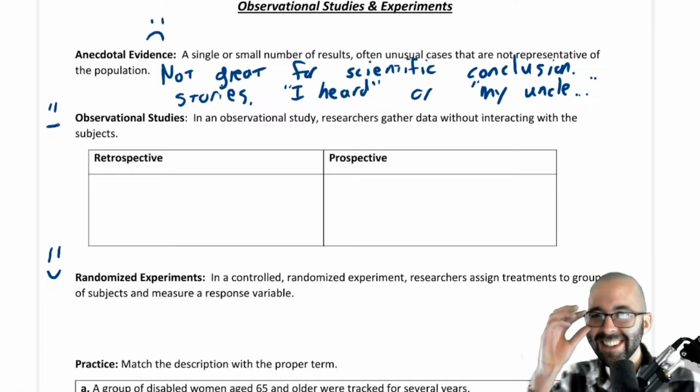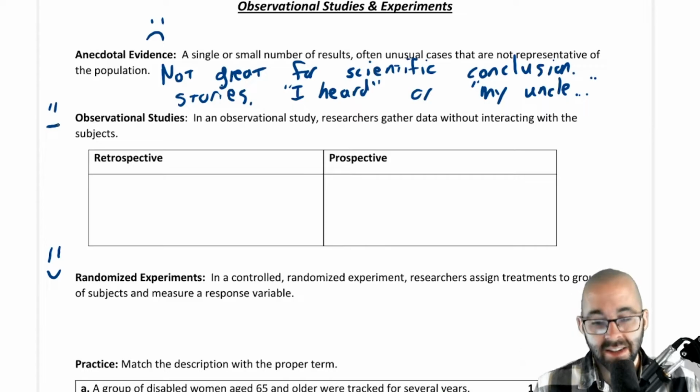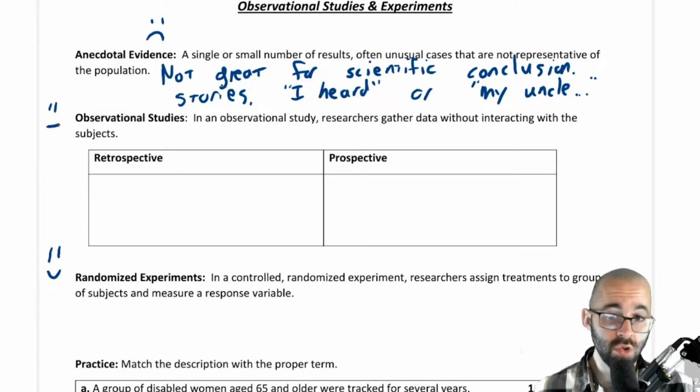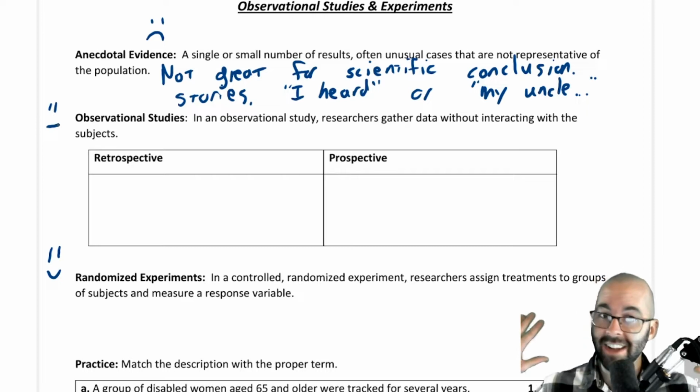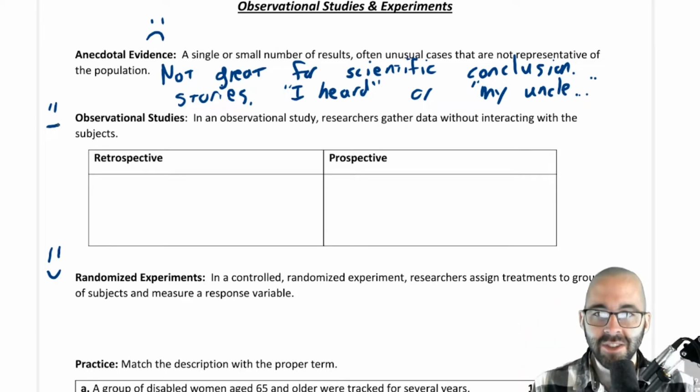All right. So in an observational study, researchers are going to gather data, but they don't interact with the subjects. It's very noticeably lacking something called a control, which I'm jumping the gun all over the place today. Please forgive me. So they're just recording or gathering data.